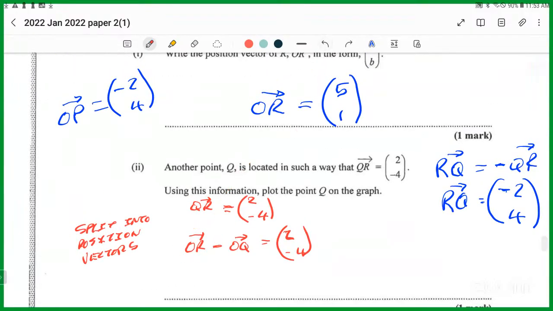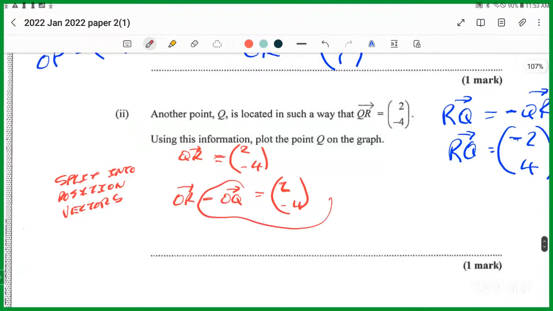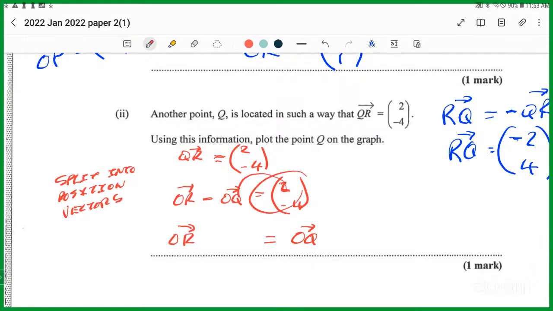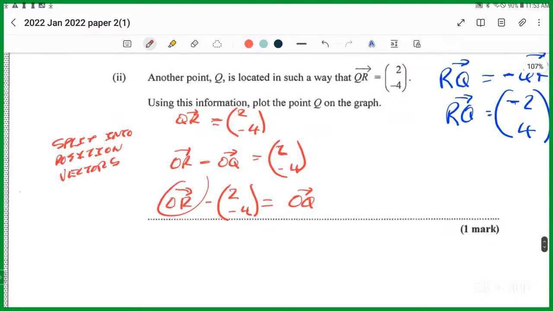So we want OQ on the right side equals OR, and then this, when it comes over, becomes minus (2, negative 4), and OR is (5, 1). Minus (2, negative 4).